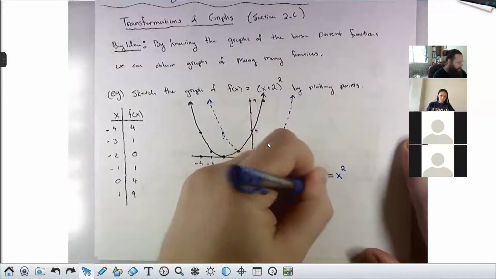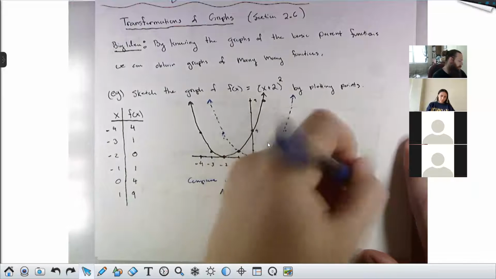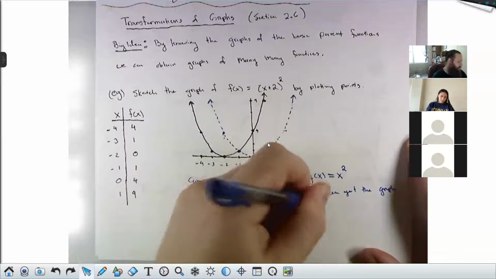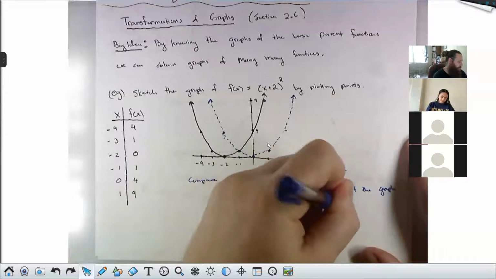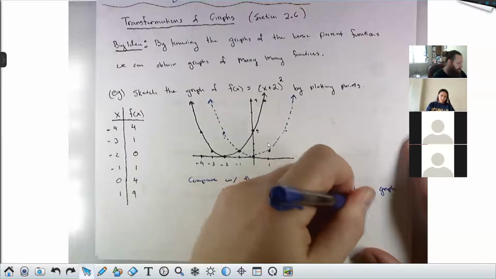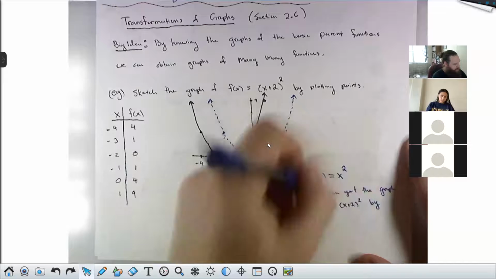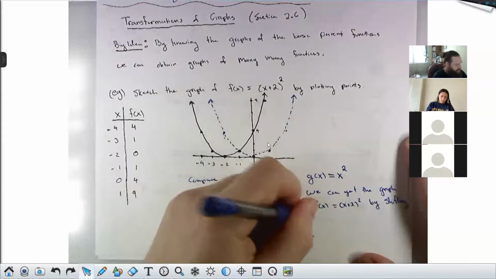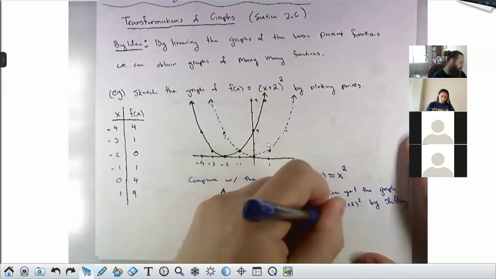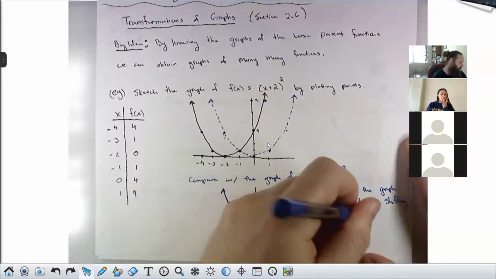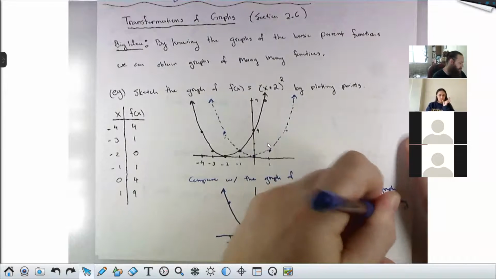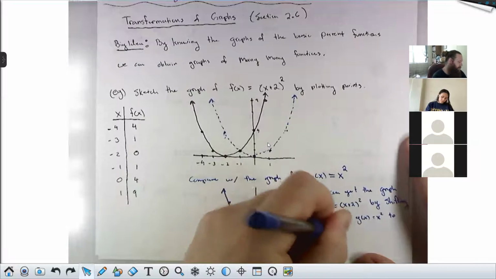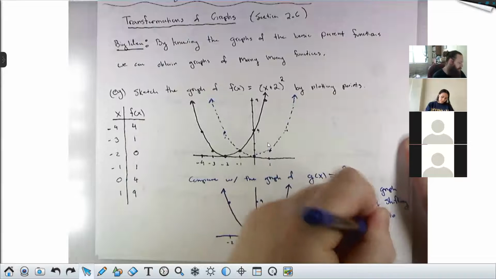So you can get the graph of f of x equals (x plus 2) all squared by shifting the graph of u of x equals x squared to the left by 2 units.